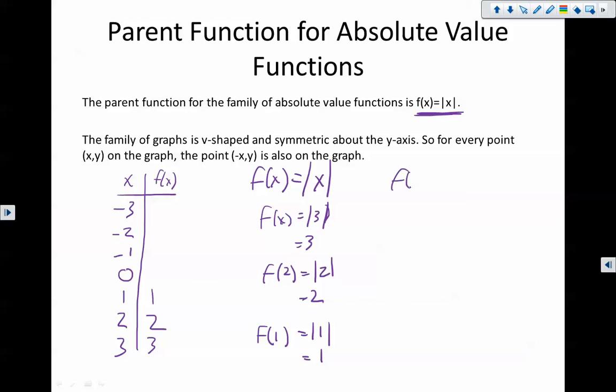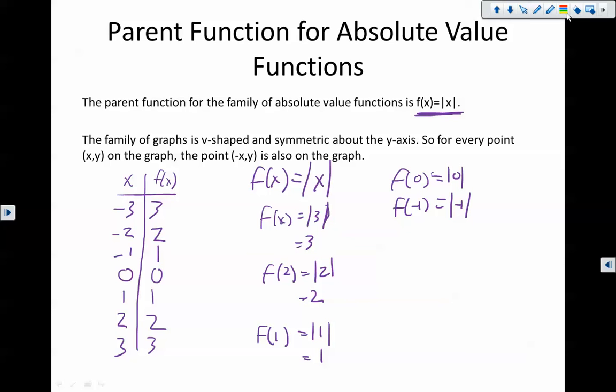For 0, this is the absolute value of 0, which is 0. Now, for -1, this is the absolute value of -1, which is +1. It's going to do the same thing for -2 and -3. Remember, the absolute value of a negative number is a positive number.